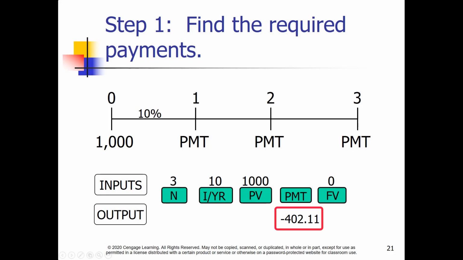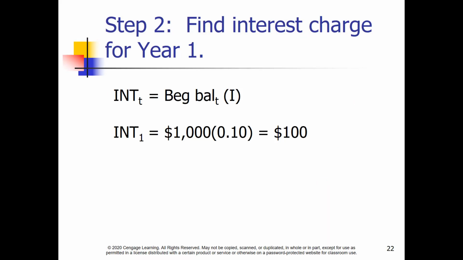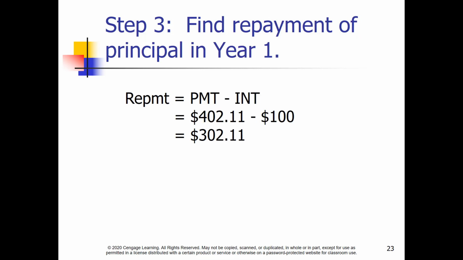Our payment is $402.11. The year 1 interest charge is simply the beginning loan balance, $1,000, times the annual rate, 10%, or $100. Step 3, given the annual payment we found in Step 1, $402.11, and the year 1 interest from Step 2, $100, our year 1 payment will reduce the outstanding balance by $402.11 minus $100, or $302.11.